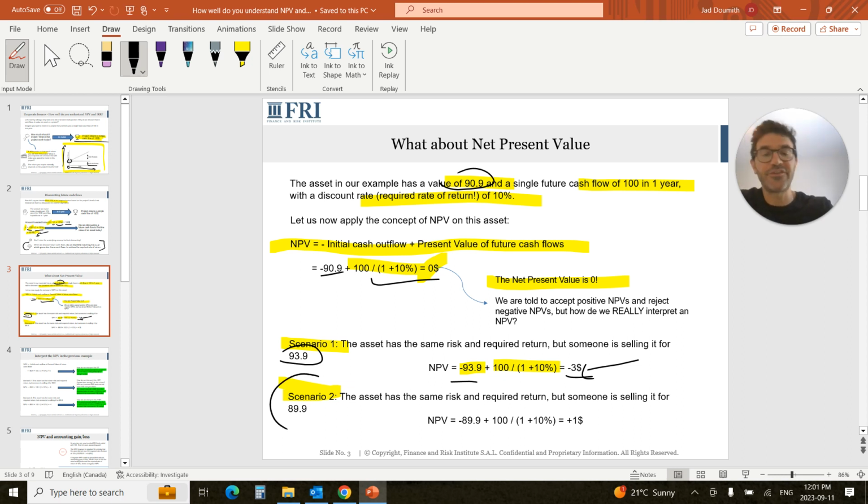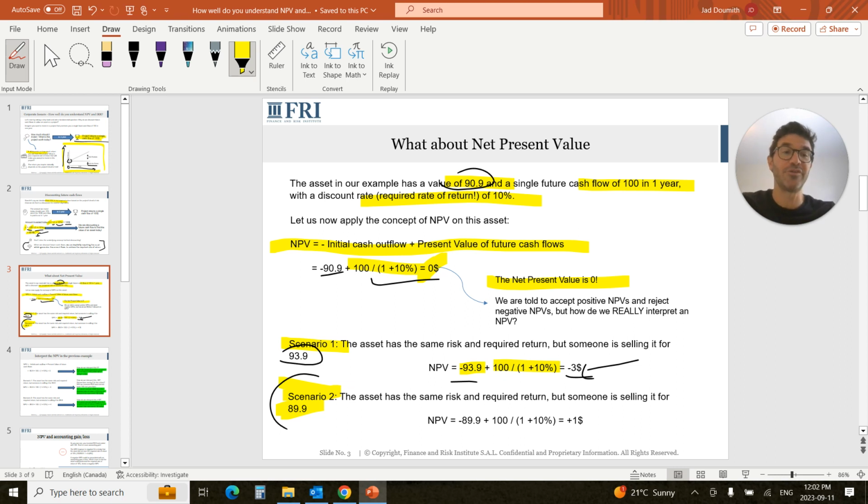Now also consider scenario 2. So the project is still the same, $100 in 1 year, required rate of return of 10%, but for some reason you can now acquire the project for 89.9. And when I say project, it can be a financial instrument or it can be a real project like opening a shop or a restaurant. So it would now cost you 89.9 to acquire that project.